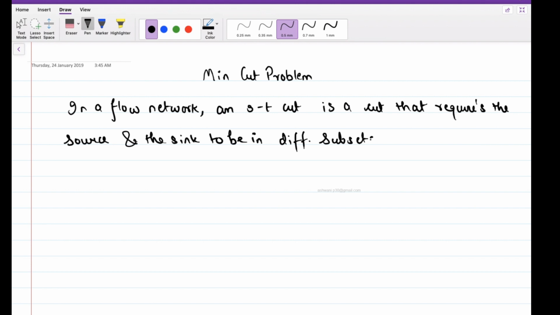So I think all of you know about a cut in a graph. A cut in a graph is a division which we make in a graph so that the graph is divided into more than one component.